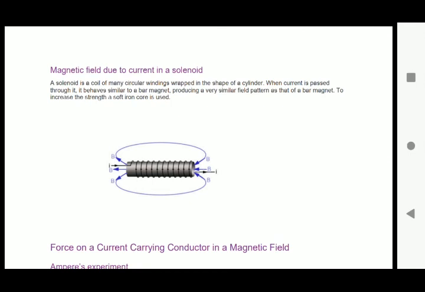Second point, the strength of current in the solenoid. Which means larger the current passed through the solenoid, stronger will be the magnetic field produced. You can change the intensity of magnetic field by increasing or decreasing the current flowing through the circuit.